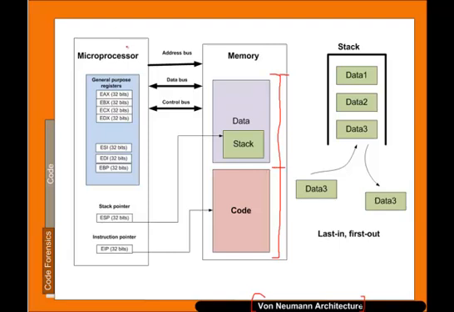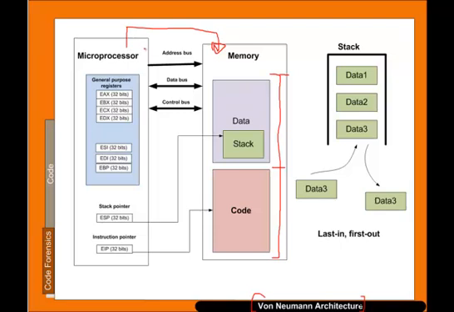Okay, so we have our microprocessor, and the microprocessor links to some memory. As we've seen, it could be local cache memory, or it could be the large RAM memory on the machine.